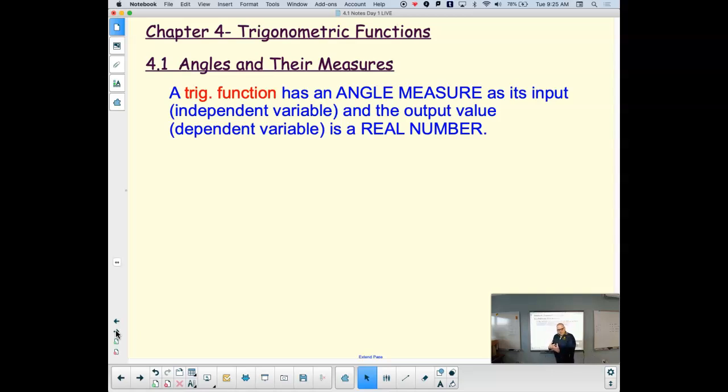Trig functions have angle measures as the input. So the angle measures are now your domain on a trig function, and the output is a real number. So no imaginary numbers in trig functions. Our output is real numbers, so our domain is angles, our range is real numbers.